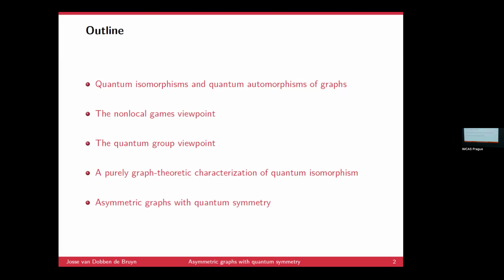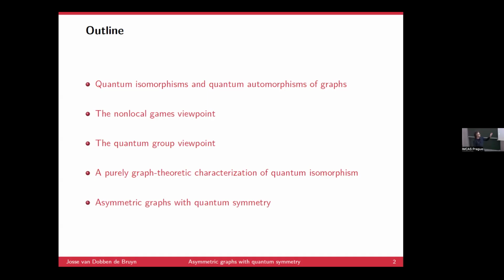I'm going to first give a brief introduction about quantum isomorphisms and quantum automorphisms of graphs. Then I'll motivate the definitions that I give from two perspectives. One of them is non-local games, which is quantum information. The other is from the perspective of quantum groups.